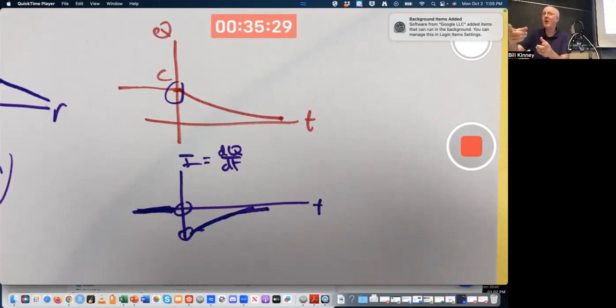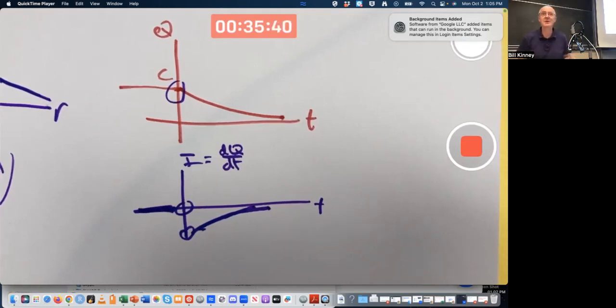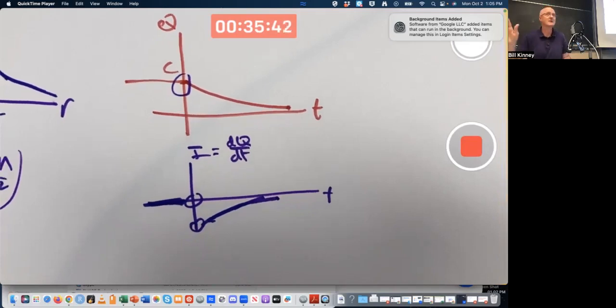But it gets even more weird because positive current is actually opposite direction electron flow. Okay, I don't want to say any more than that. If that confuses you, as it very well might, ignore it. If you really like electric circuits, maybe you've studied them already, you know what I'm talking about. It's weird, it's confusing. Don't worry about it.